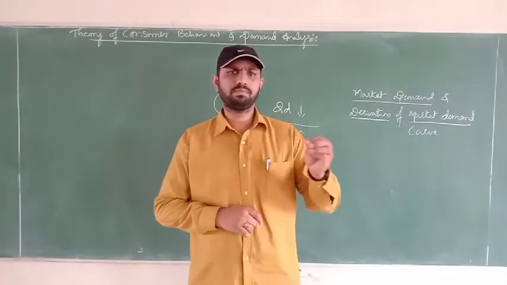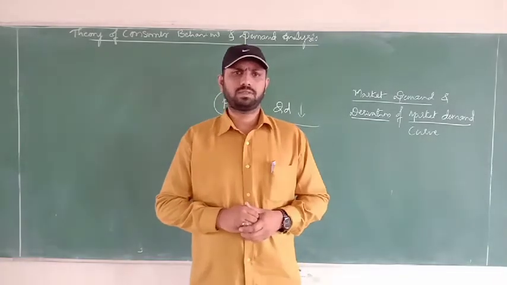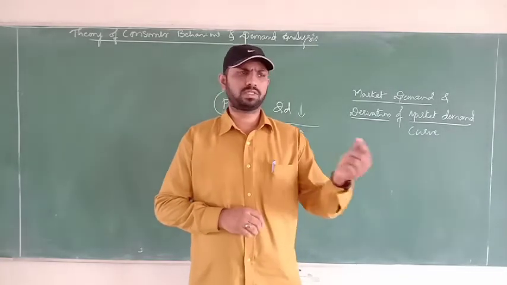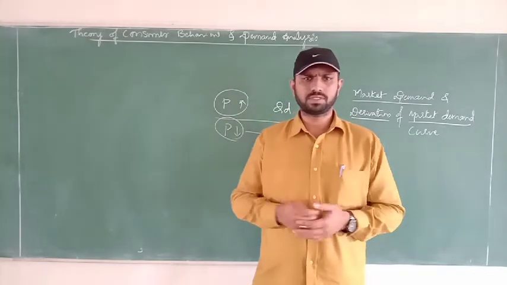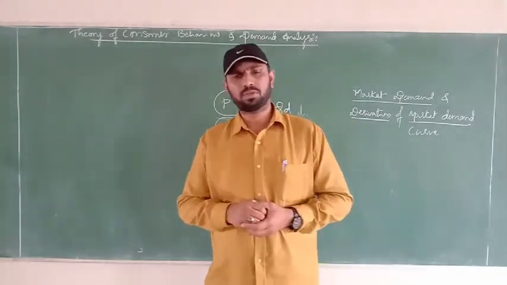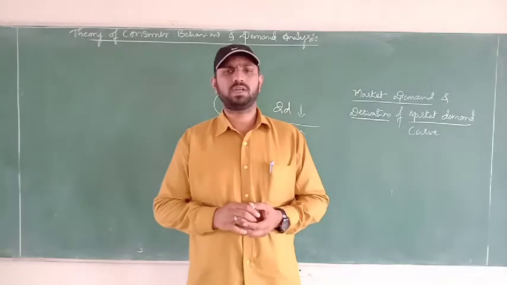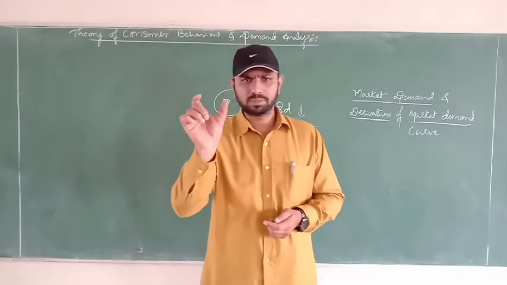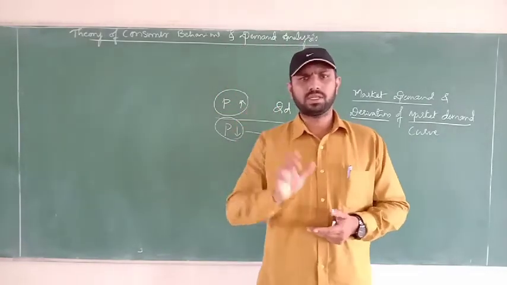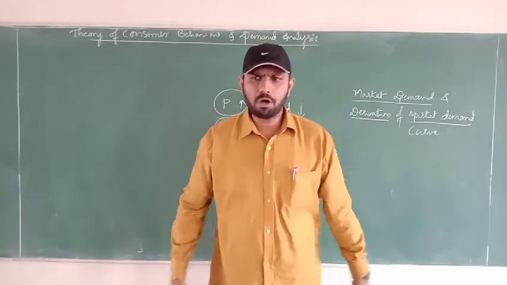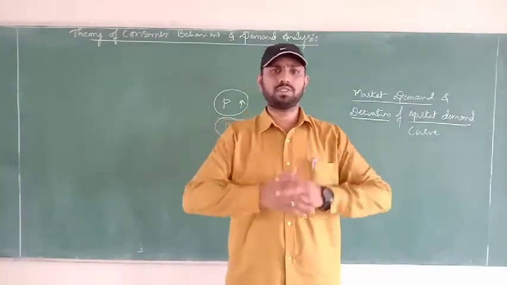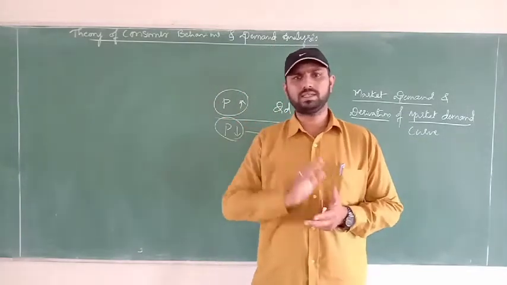In a market we cannot take only a single consumer, because a market is filled with n number of consumers, a large number of consumers. So market demand refers to this: at a particular price, if we add up all individual consumers' demand, it is called market demand.